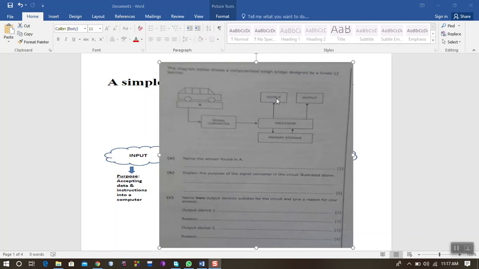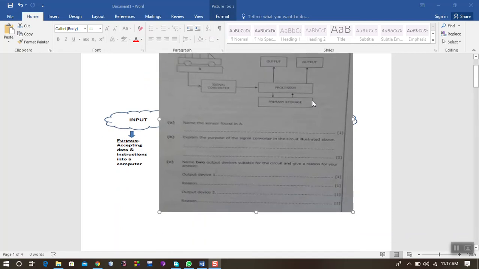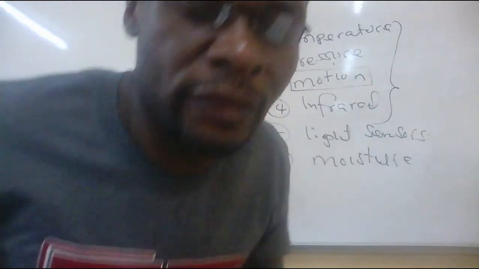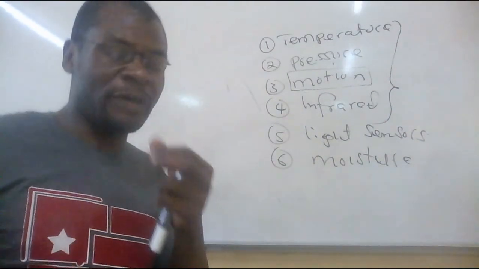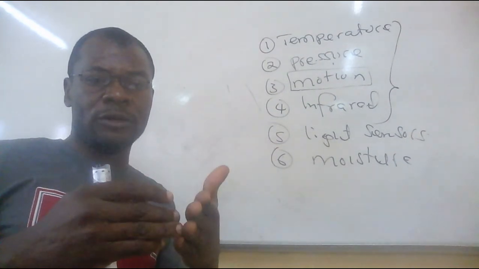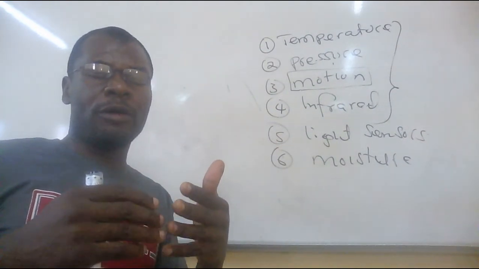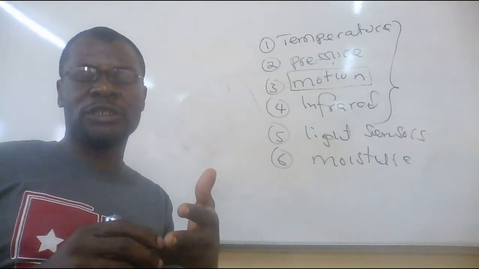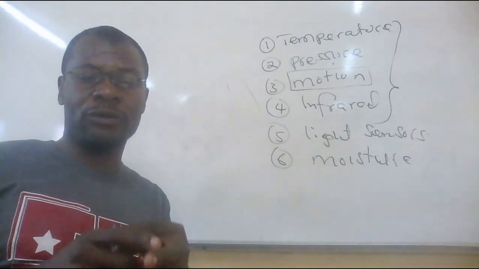So this can be a monitor, this can be a speaker. So basically this is how they bring questions on sensors. I just wanted to introduce you to sensors, but next time we can answer some more questions which come during the final exam.